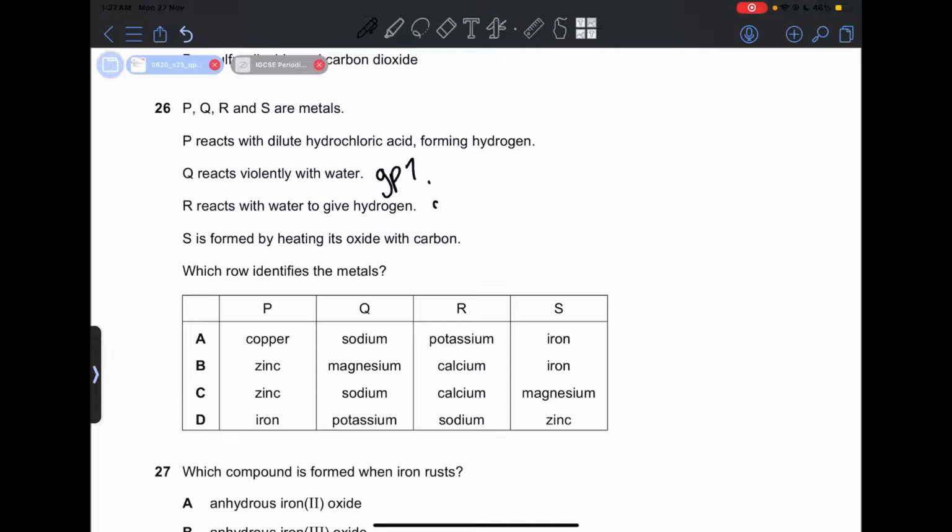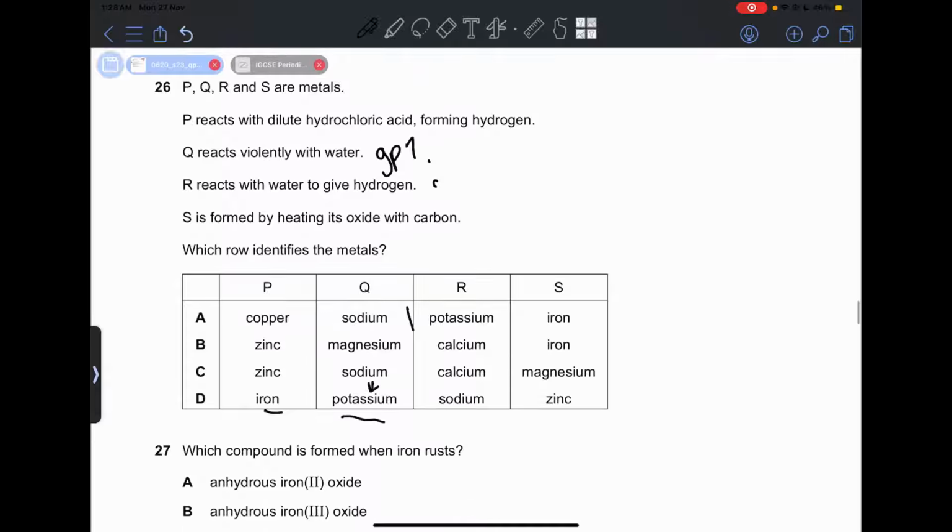So actually all of this fits with D. We have iron and potassium. It has the highest reactivity in this list. So the higher the reactivity, the more violent the reaction with cold water. And also sodium is a group 1 element, so it would react with water and give hydrogen. So our answer is going to be D.